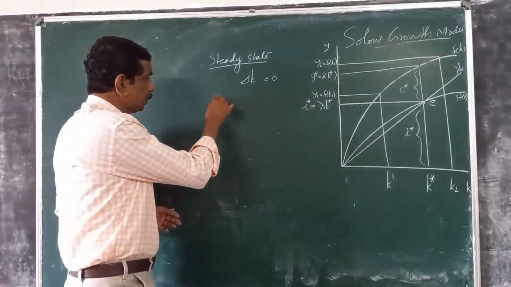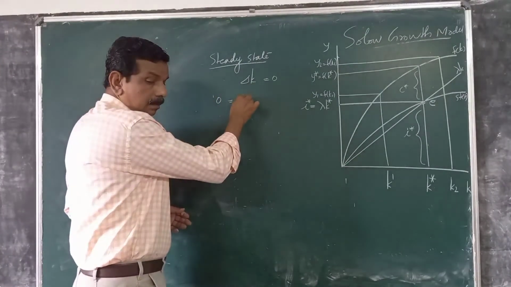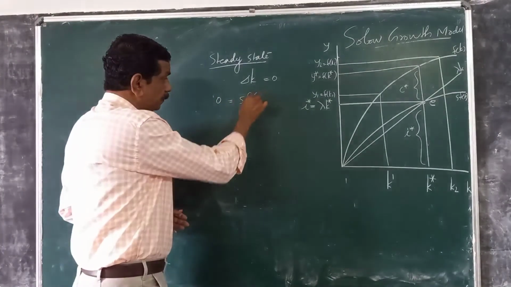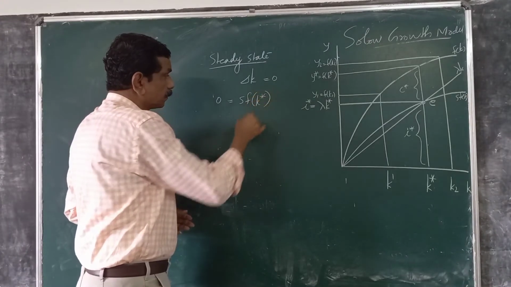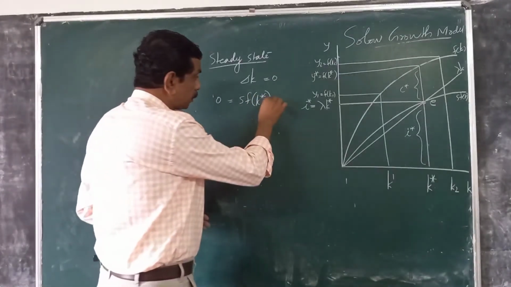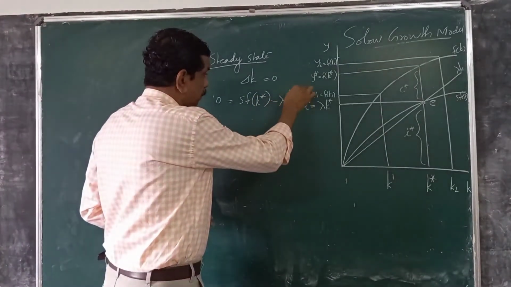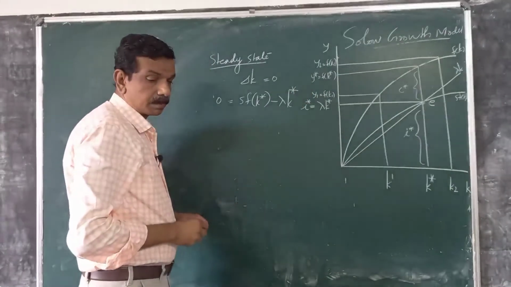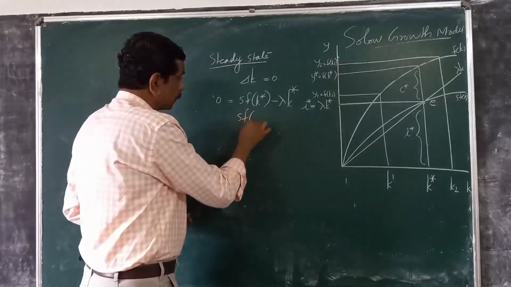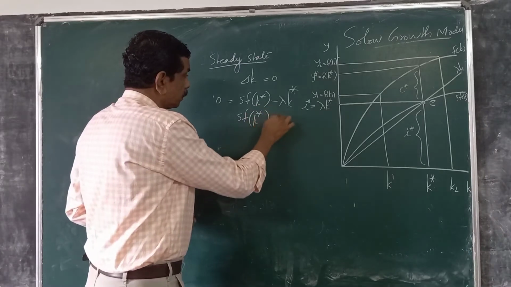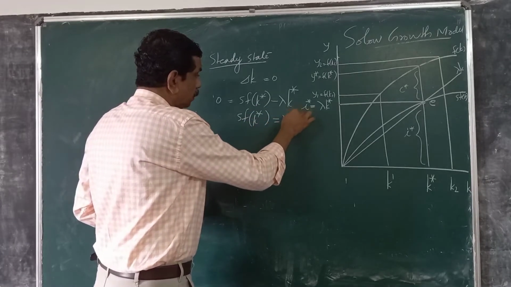That is, 0 is equal to S of k star minus lambda k star. That is the point where S of k star is equal to lambda k star.